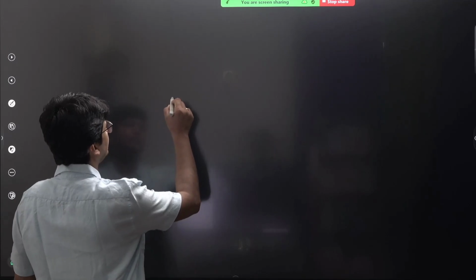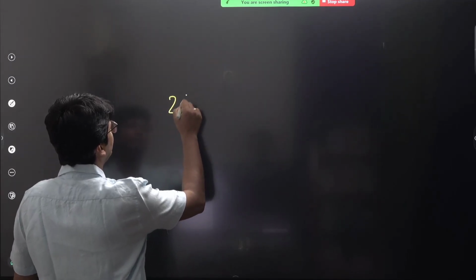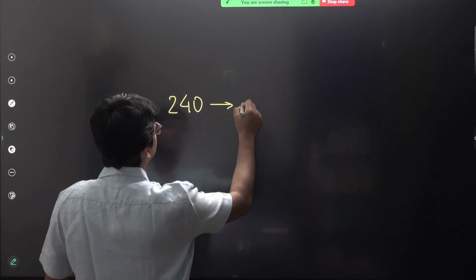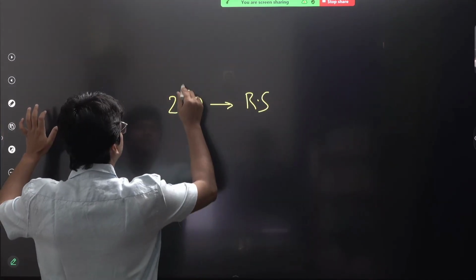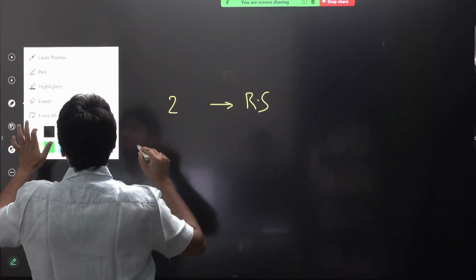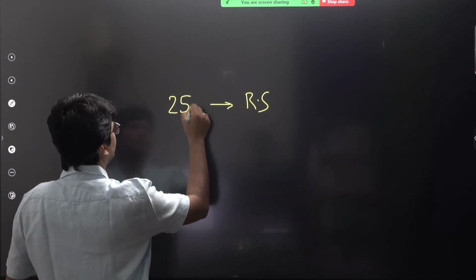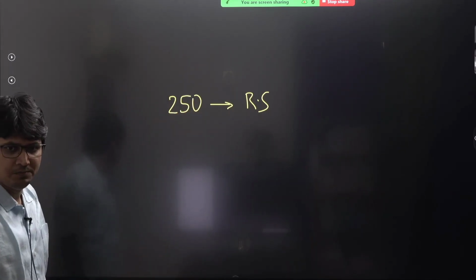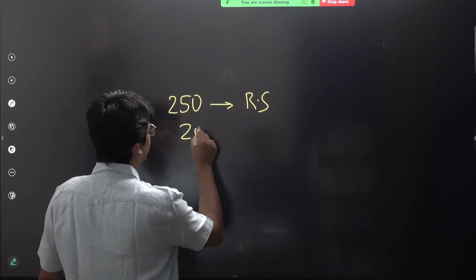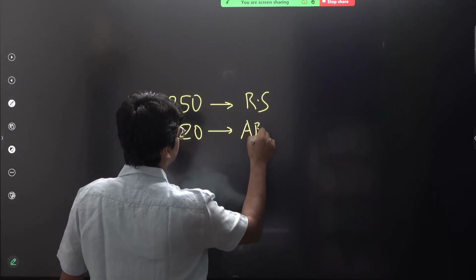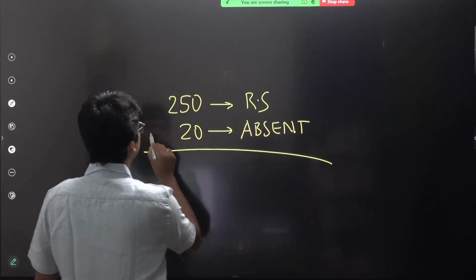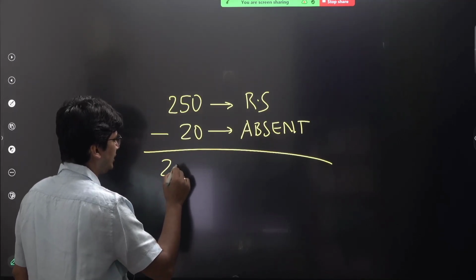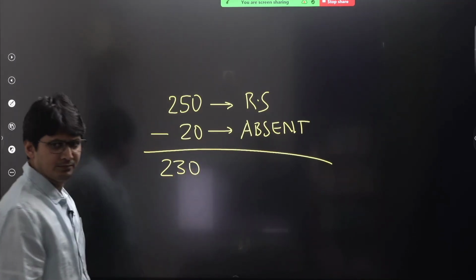Suppose 250 members in Rajya Sabha. Overall it is 250. Okay, 20 are vacant. How much remains? 250 minus 20 is 230, right?